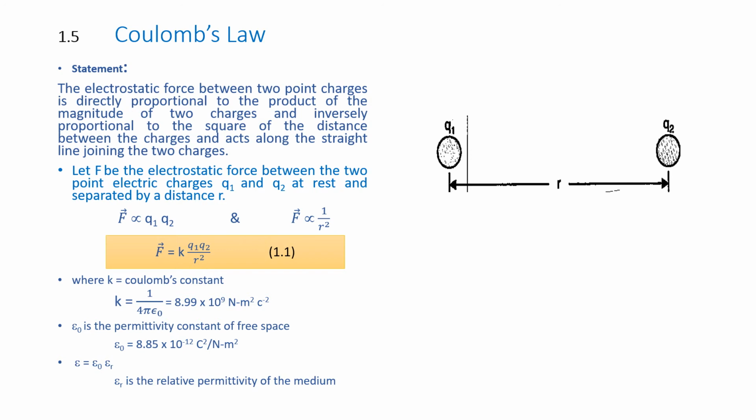Epsilon naught is the permittivity constant of free space. Its value is 8.85 into 10 to the power of minus 12 Coulomb square per Newton meter square. Epsilon r is the relative permittivity of the medium when charges are placed in the medium other than vacuum or air.